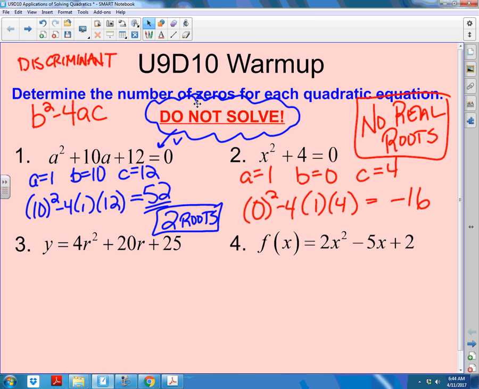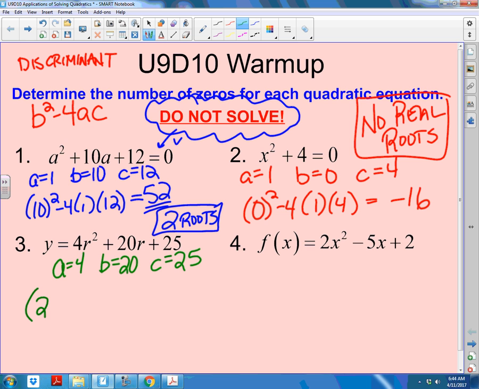Moving right along. A is 4, B is 20, and C is 25. So again, we end up with b squared minus 4 times a times c. We're going to go ahead and punch that into our calculator.